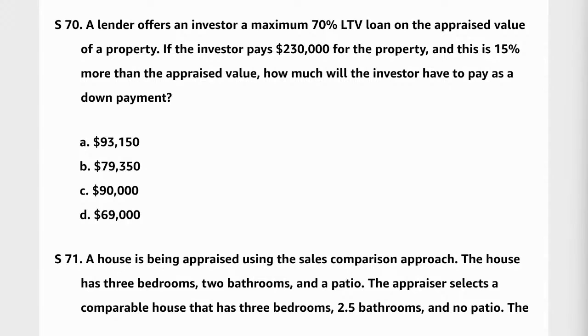That's how we find the actual appraised value. Using the T formula, 230 is the part, because that's 15% over the appraised value, and on the bottom you have 115%, so 1.15 is divided into 230, and you get 200,000.